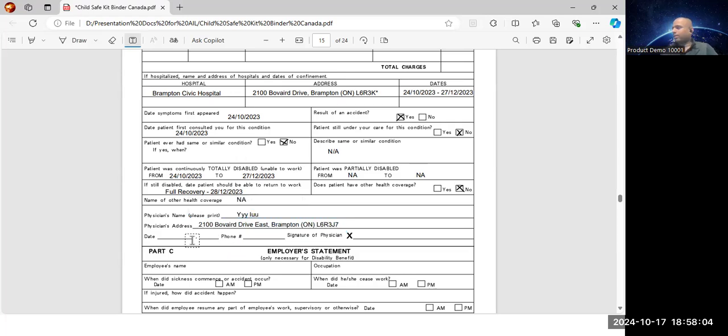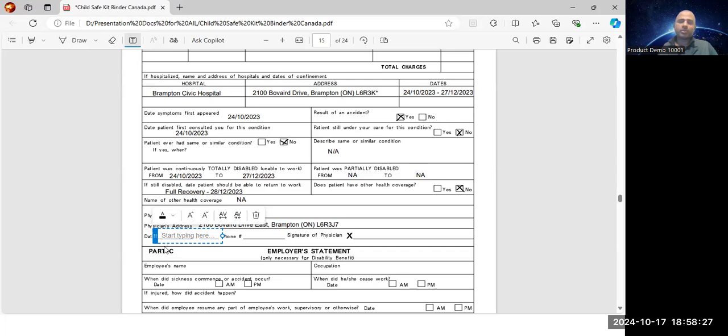Okay, next you will need the date. Okay, so this date may or may not match the date when the patient filled out the form or the date when the policyholder filled out the form. And the reason for that is because obviously the physician does have other priorities, like looking after other patients rather than filling out this form.